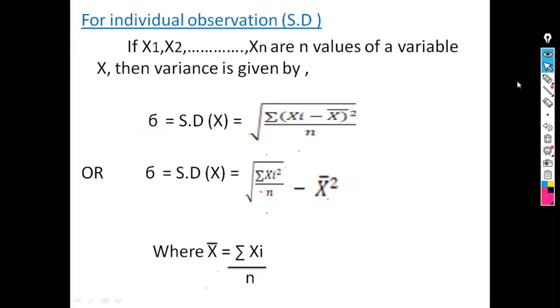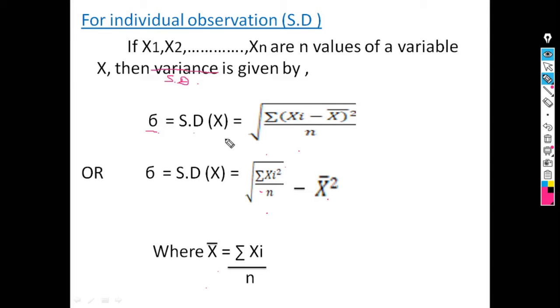And the formula for standard deviation: if x1, x2 up to xn are n values of a variable x, then standard deviation is given by, it is denoted by sigma.